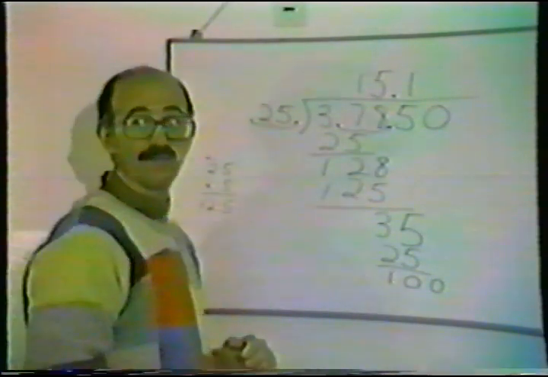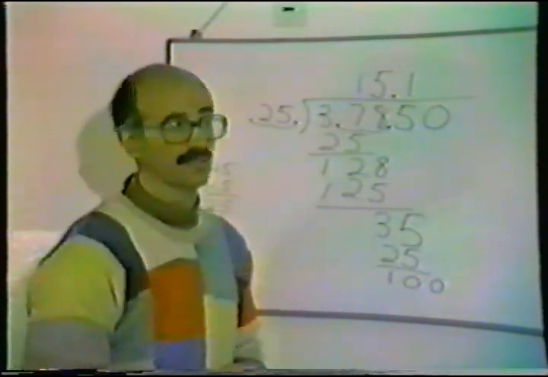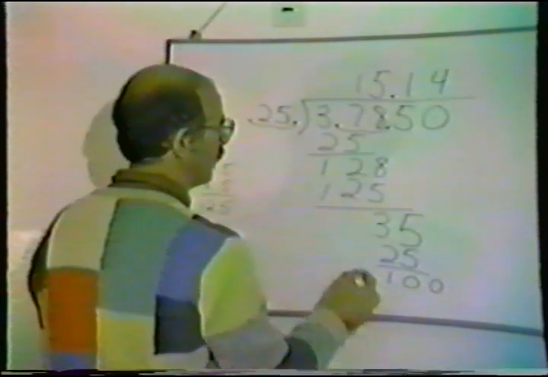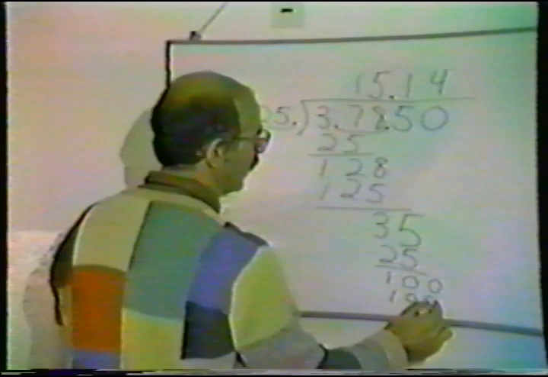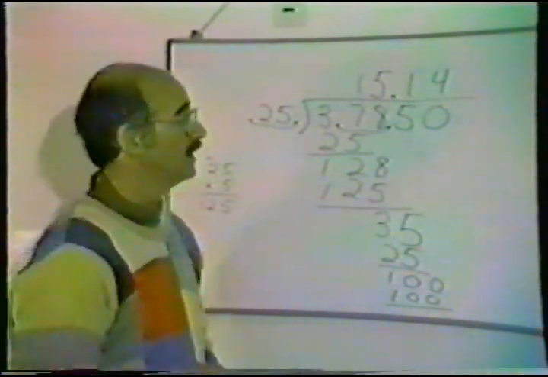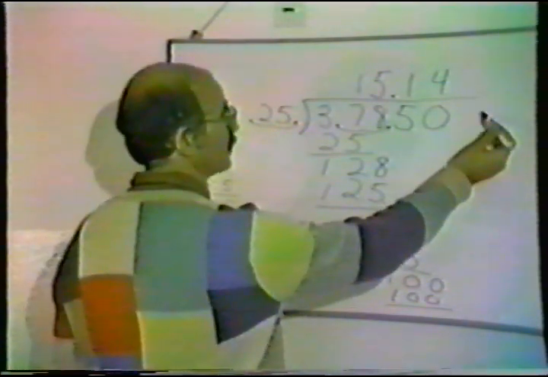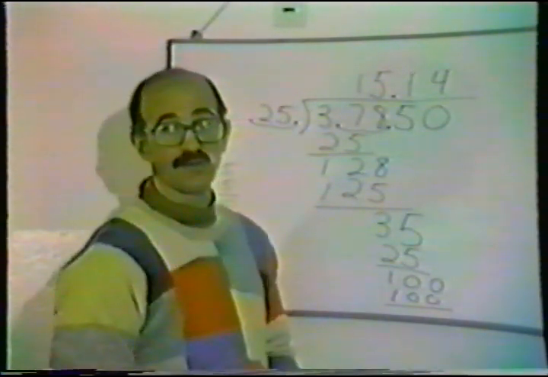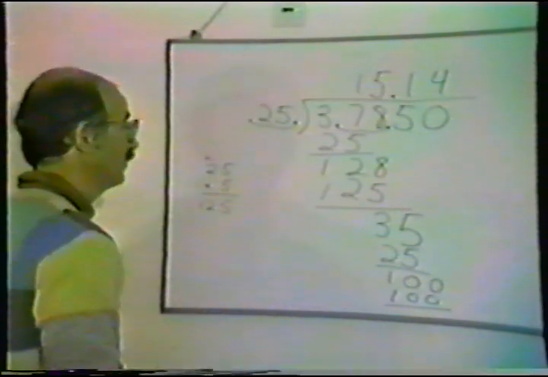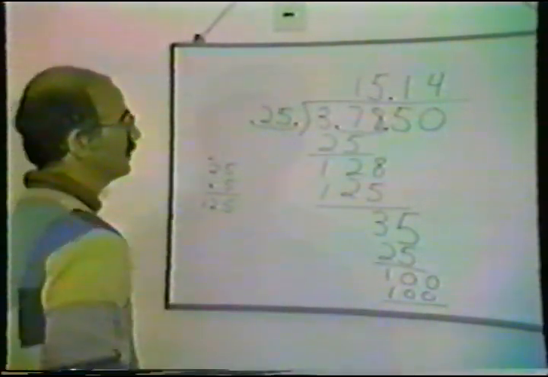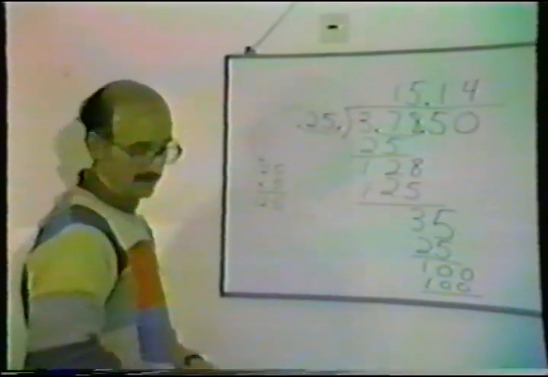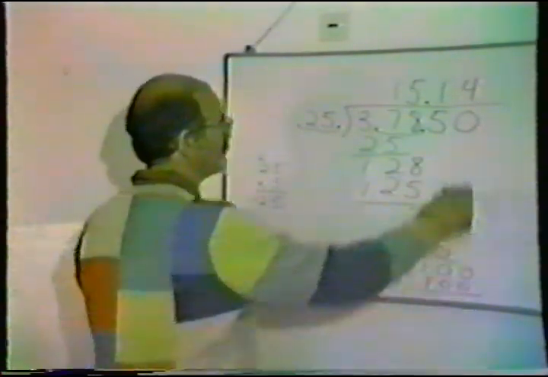How many 25s are there in 100? 4. 4 times 25 is 100, and it has come out even. And we can keep adding zeros until our division comes out even, if it's one that ever will. And this one did. The answer is 15 and 14 hundredths. Very good.